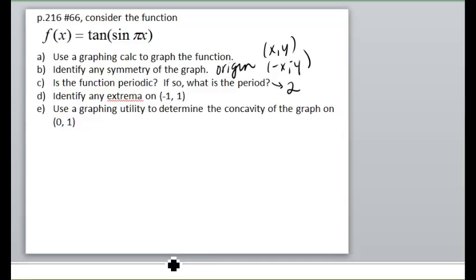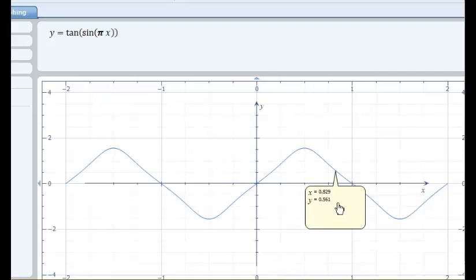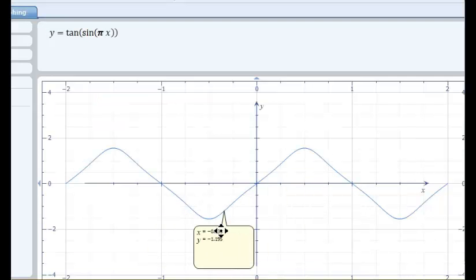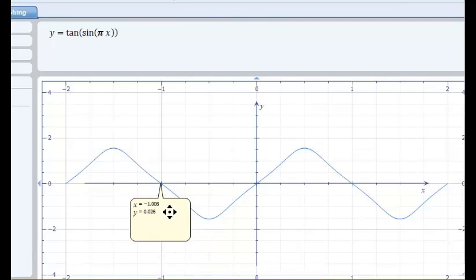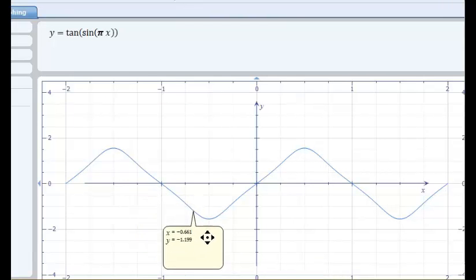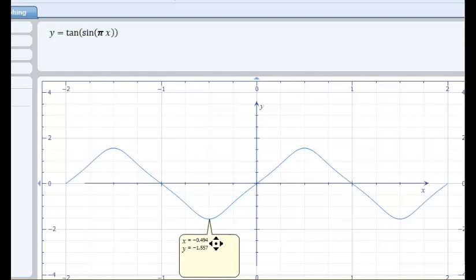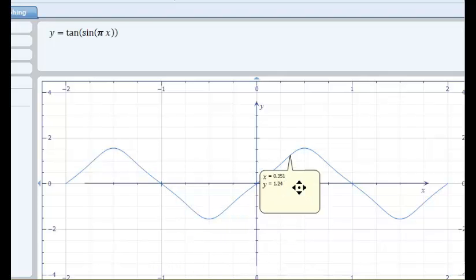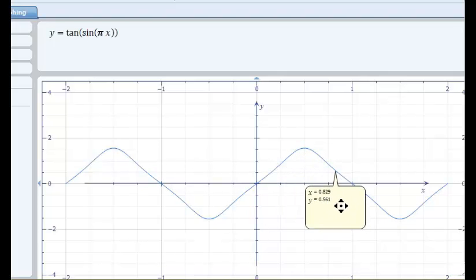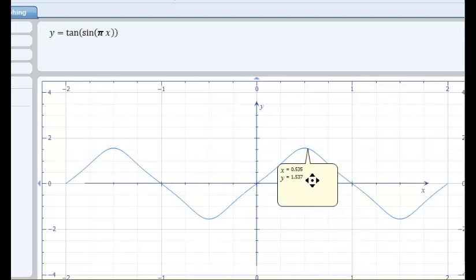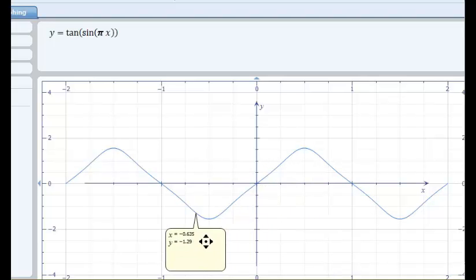Identify the extrema on [-1, 1]. So if I go right here, -1 is here. The extrema then would be right here at -0.5, and right here at 0.5, and then here's 1. So this would be the max, and this would be the min.